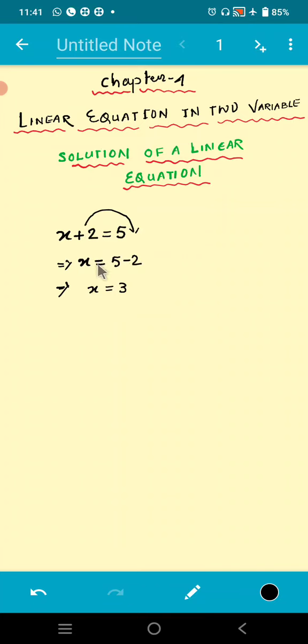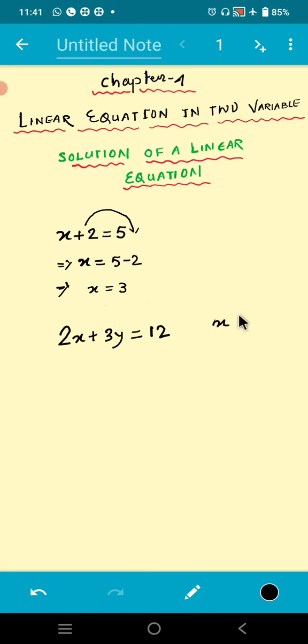Now let me give you one example of a linear equation involving two variables. Suppose 2x plus 3y is equal to 12. Now we have to come up with a solution. What is a solution? A solution is a pair of values. Why am I saying pair of values? Because we are using a pair of variables. And what are the variables we are using?